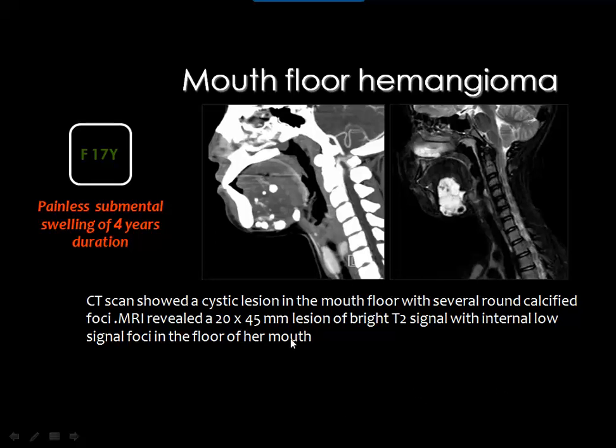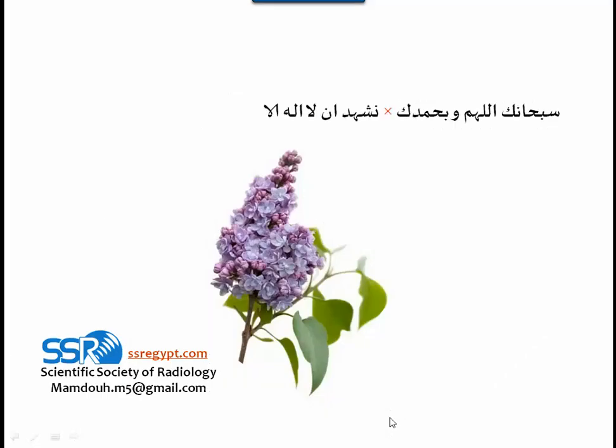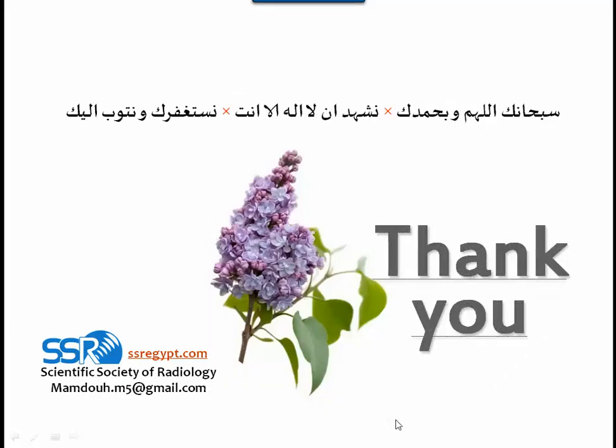And hemangioma will appear of very, very bright signal in the T2 weighted image, and you can see within the hemangioma some of the phleboliths, but you know that CT is more sensitive for detection of calcium compared to the MRI.